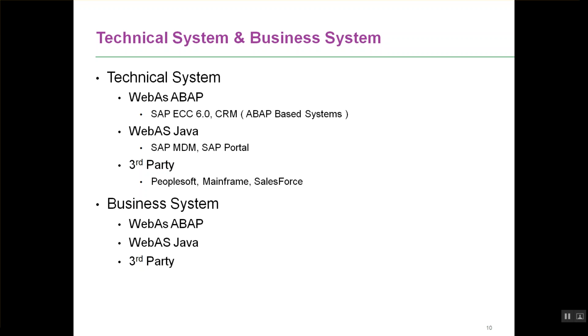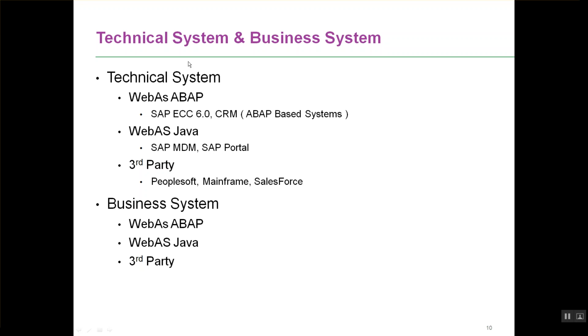Each client of an SAP ABAP system, your 000 client, your 200 client, your customizing client, your development client, each of these web-based ABAP clients can have a business system. So for one technical system of type web-based ABAP, you can have n business systems created. Whereas the relationship for web-based Java and third-party is 1:1. Each Java technical system and each third-party technical system can have only one business system associated with it.